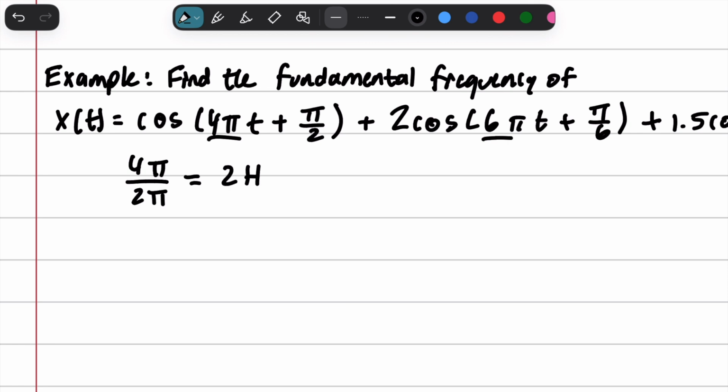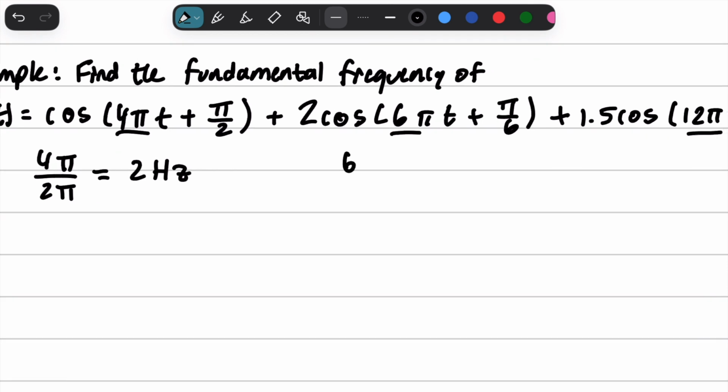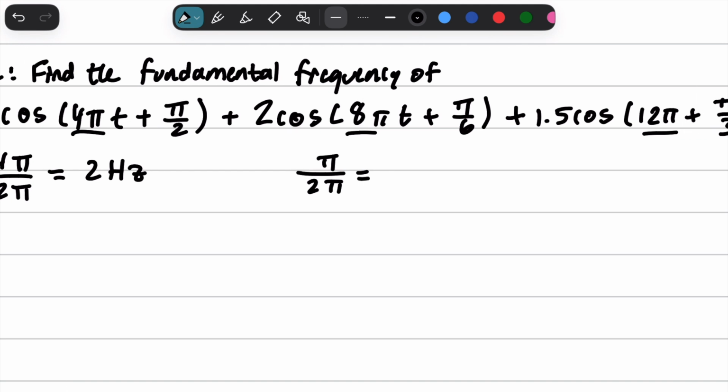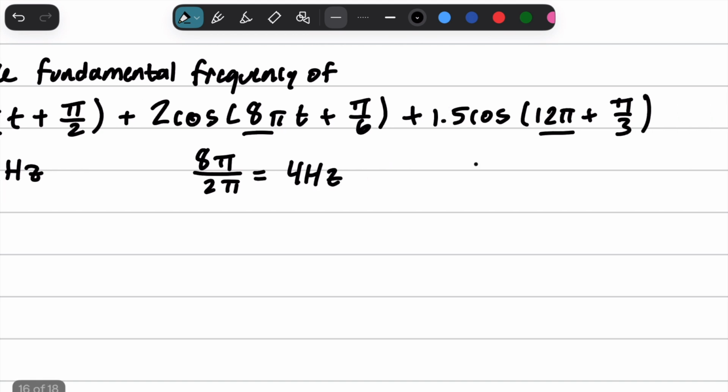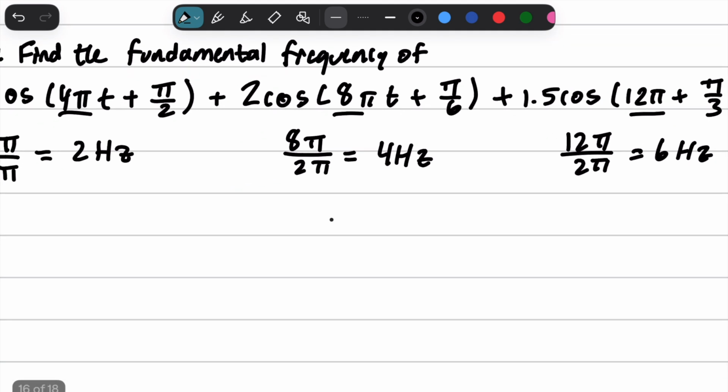So this is 2 hertz right here. This is actually supposed to be 8. And this is 4 hertz right here. And this is 6 hertz. And so our f sub k is equal to this array of different hertz frequencies.